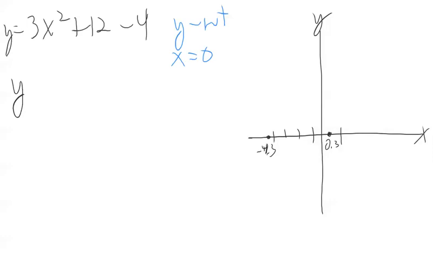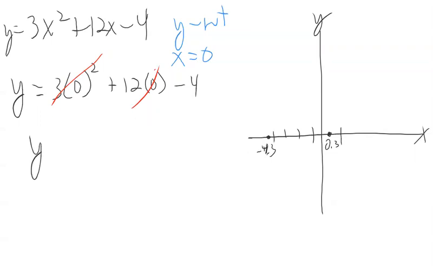So y equals 3 times 0 squared plus 12 times 0 minus 4. That becomes a 0, that becomes a 0. So therefore, my y just equals negative 4. That means it crosses 1, 2, 3, 4, so it crosses the y-axis right there.